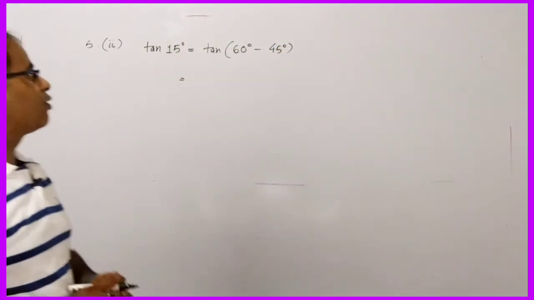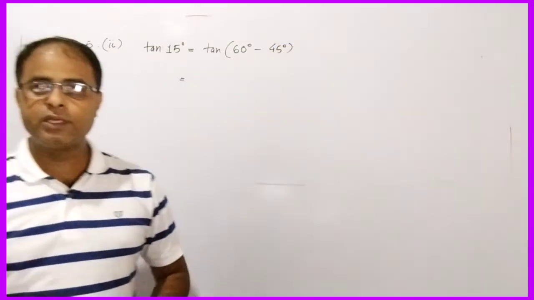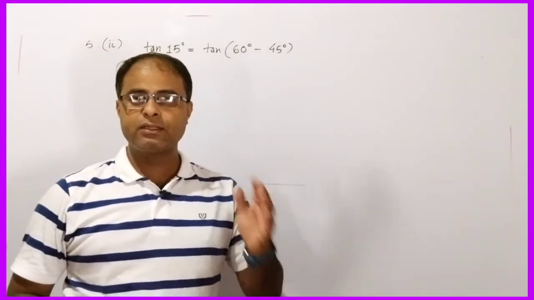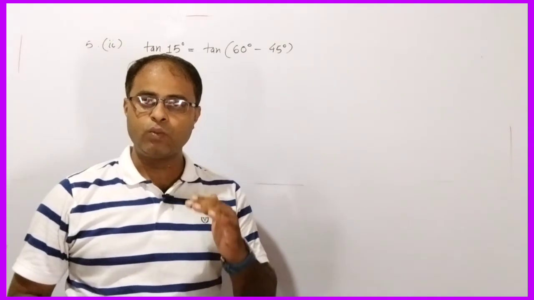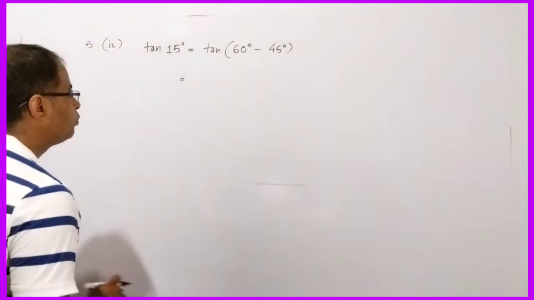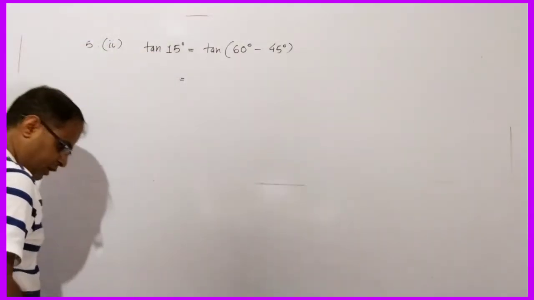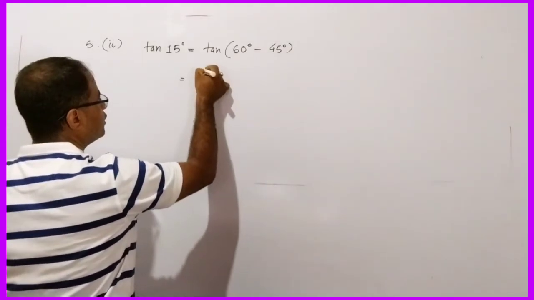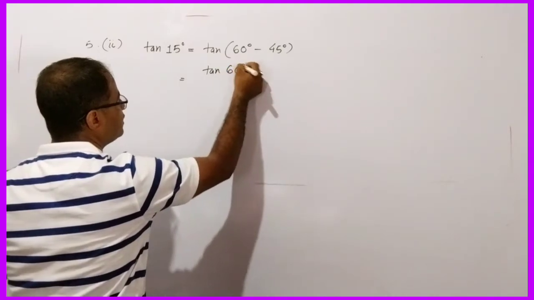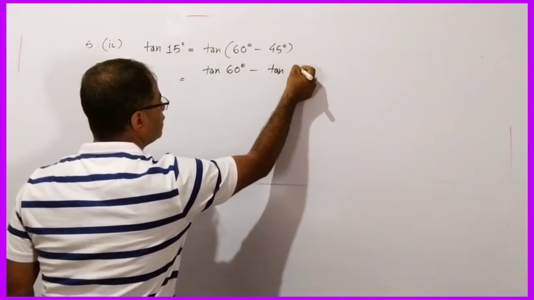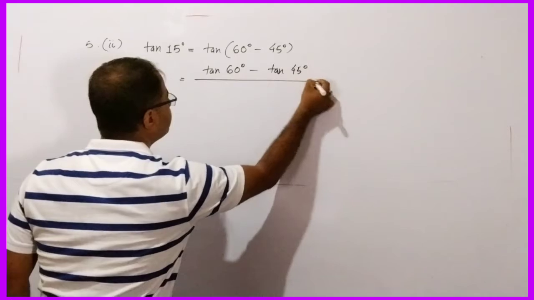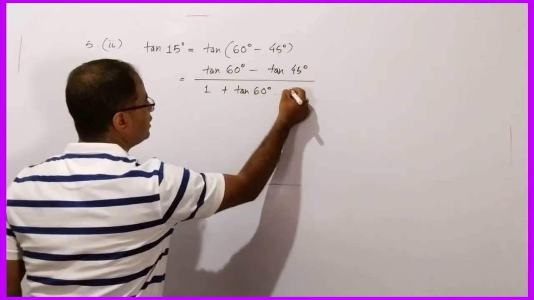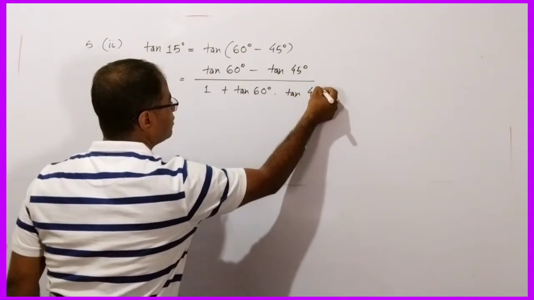Now remember the formula tan x minus y. What is the result of tan x minus y? Tan x minus y is tan x minus tan y divided by 1 plus tan x tan y. Now put 60 degree as x and 45 degree as y. So tan 60 degree minus tan 45 degree, divided by 1 plus tan 60 degree into tan 45 degree.